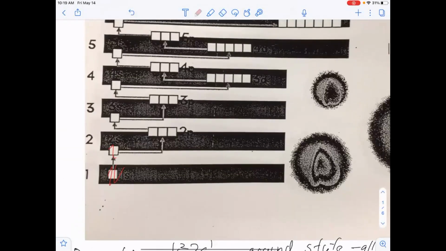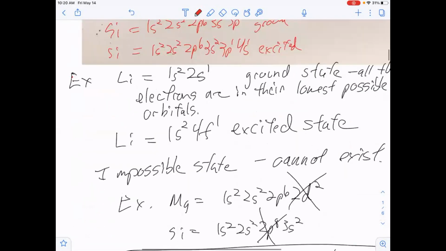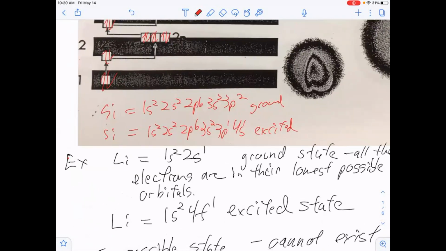Here's silicon. This is ground state for silicon. But if I kick one up into the 4s, now it's excited. So this one's ground, and this one would be excited. I think that's the example I did. On the practice test, there are some problems like this, so you can get some practice on these.